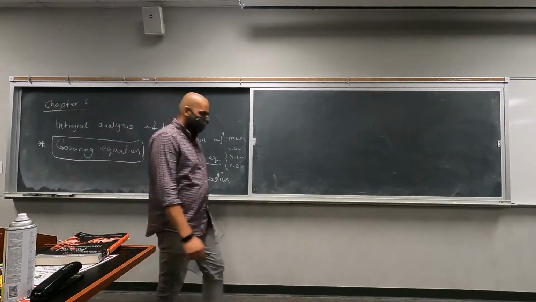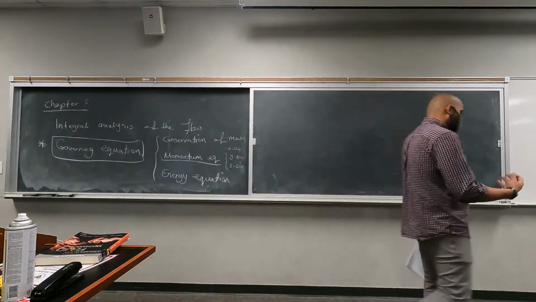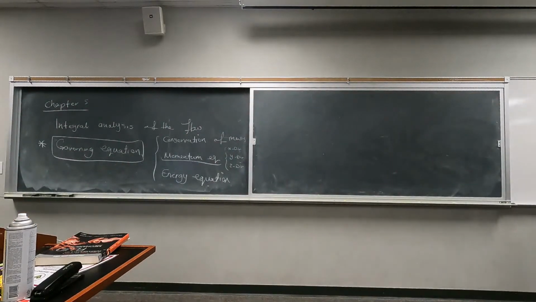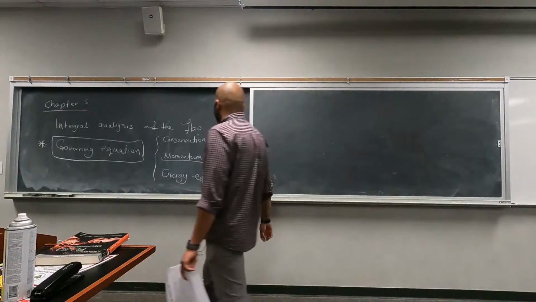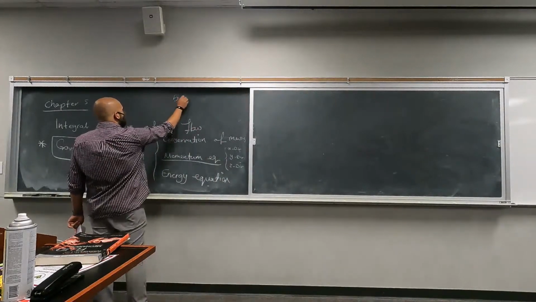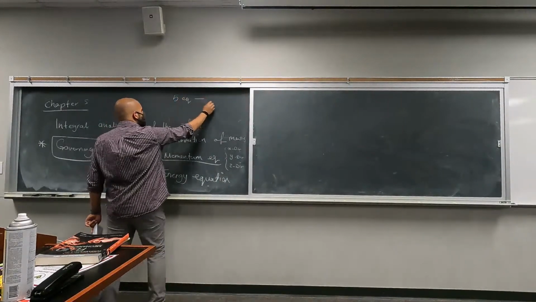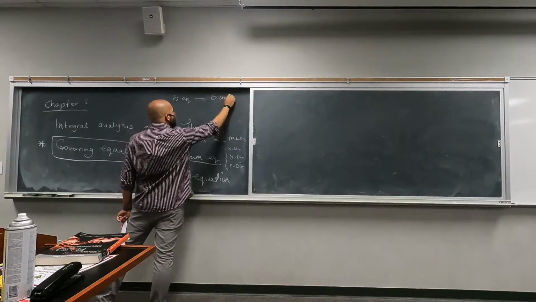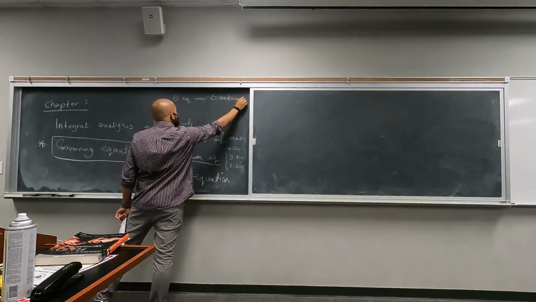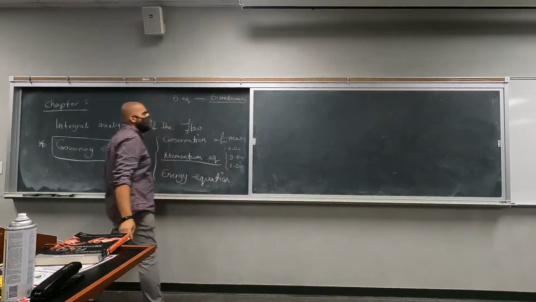But in general, what you're going to get from these equations, the most general forms of them, is 5 equations. But in fluid flow, we have 6 unknowns, in the most general type of fluid flow.